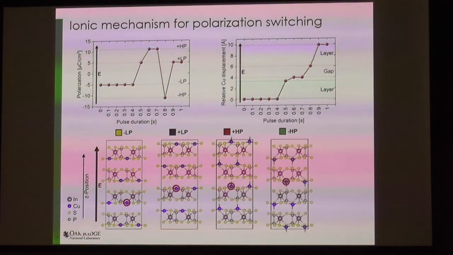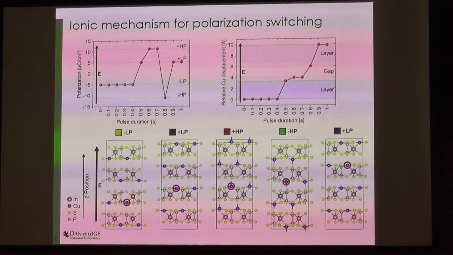And then it happens. We get this peculiar peak here, where copper moves across the gap and creates a negative polarization, even though we apply a field in the opposite direction. And in the end, we go to the positive low polarization state again that we already passed here.